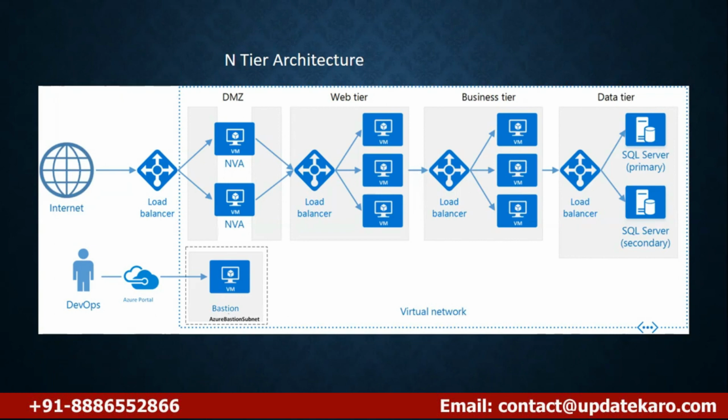These load balancers will capture all the load, and it will distribute based on the requirement among different servers. So this entire architecture will be mostly used for large scale and bigger applications. We can say, for example, e-commerce applications, right? Flipkart, Amazon, these are very big applications, so definitely they will use the entire architecture.